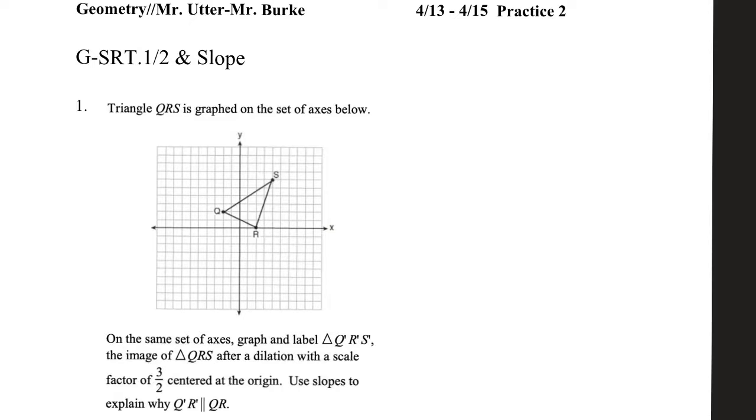Okay, so first we need to find the coordinates of Q prime, R prime, and S prime. So this is a scale factor of 3/2. So all we're going to do is take our coordinates for Q, R, and S, and multiply those points by 3/2, and that'll give us our coordinates for Q prime, R prime, and S prime.